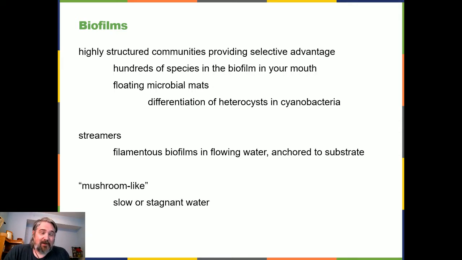One of the reasons is that so many are adapted to only existing within a larger community. One form that these communities come in, of course, is the biofilm. These are highly structured communities, and they do provide selective advantage. But beyond that, some of these organisms can only exist within these communities. Your mouth is an example, of course. Hundreds of species there. And of course, we have the floating microbial mats.